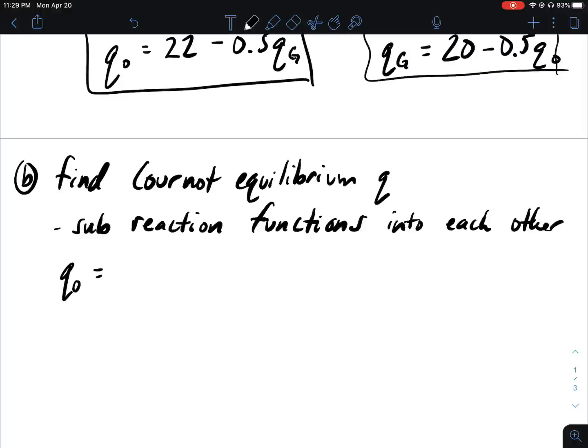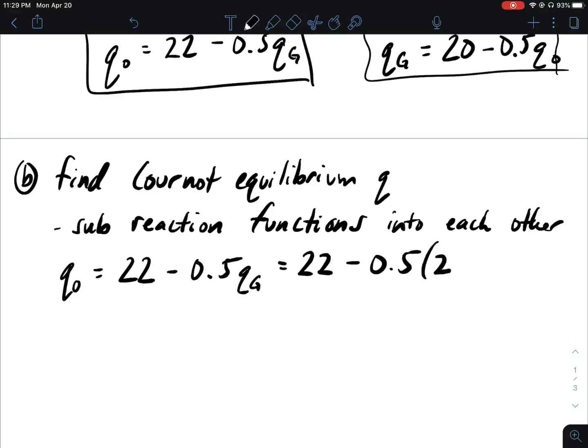So let's start at QO. We have 22 minus 0.5 times QG. We're going to sub QG's, firm G's reaction function in. So we have 22 minus 0.5 times 20 minus 0.5 QO.